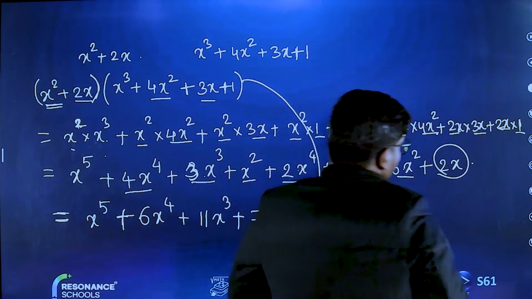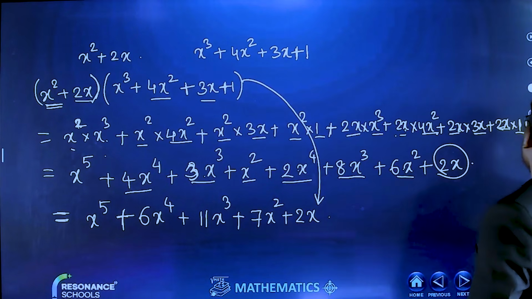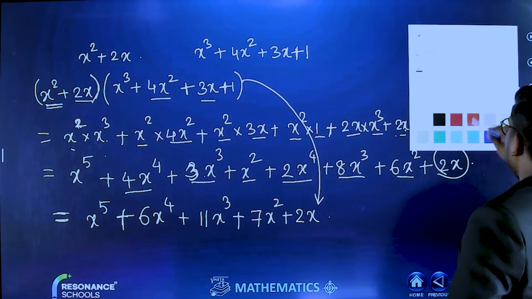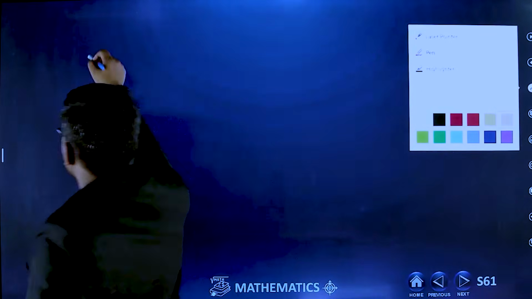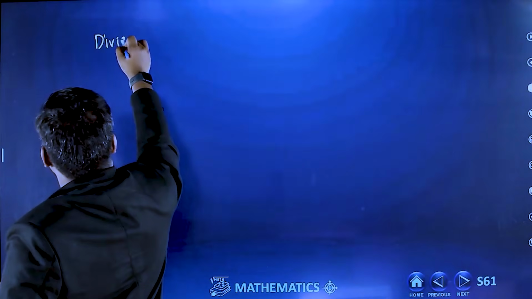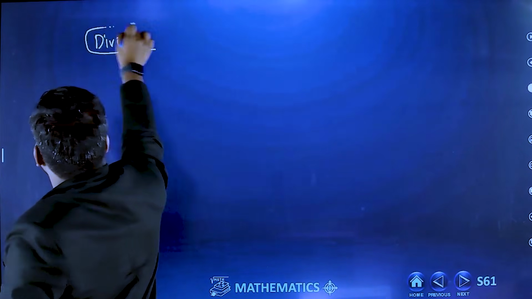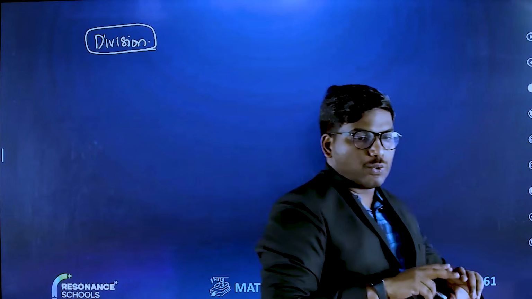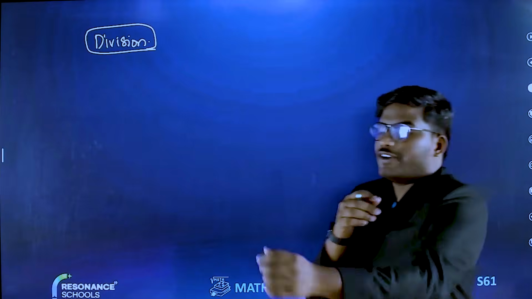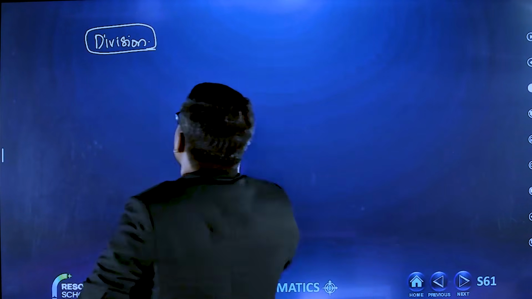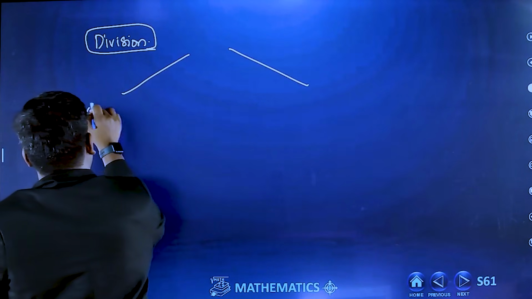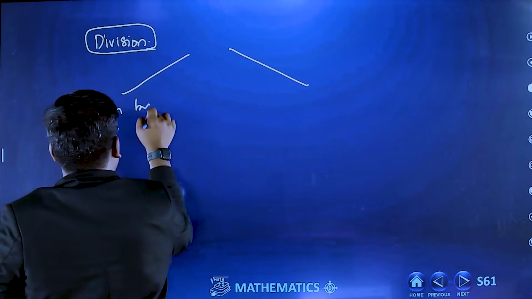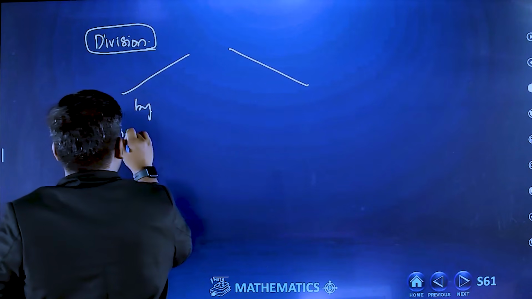Alright, now we will get to the next part, which is division. So while doing division, we need to have two different types of clarities. The first clarity would be in terms of division by monomial.